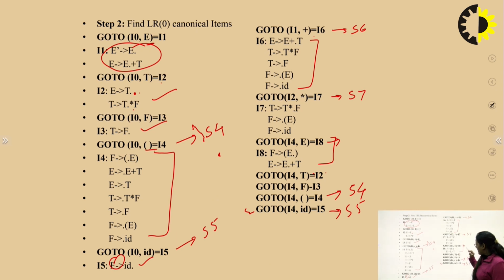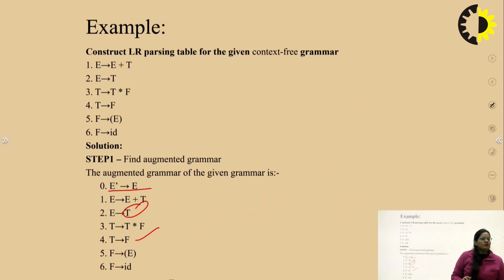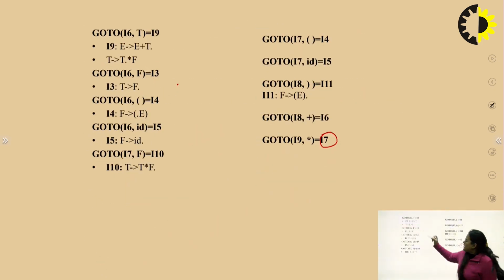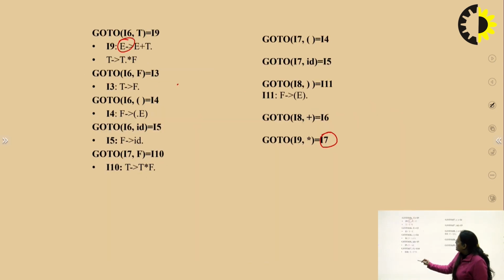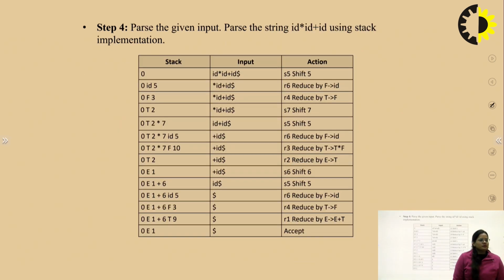Then in I9: E implies E plus T, and this is the first production. So we have to make an R1 entry in the follow of E. The follow of E is dollar, closing bracket and plus, so in I9, R1, R1 and R1.